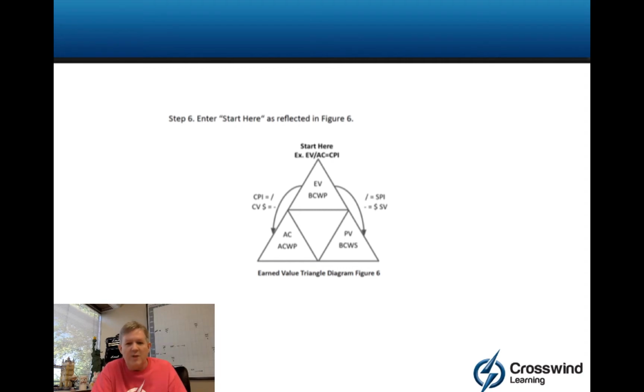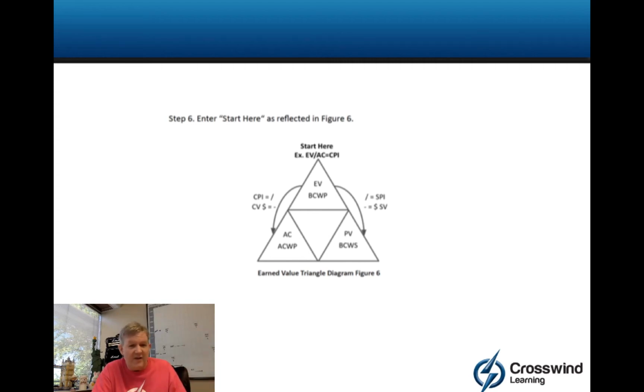You don't have to worry about EV as BCWP, because if you do these 2- and 4-letter acronyms alphabetical, it fixes itself. Now, on the left side, you have CPI, CV, so top to bottom, alphabetical. On the right side, you have SPI and SV, top to bottom, alphabetical.